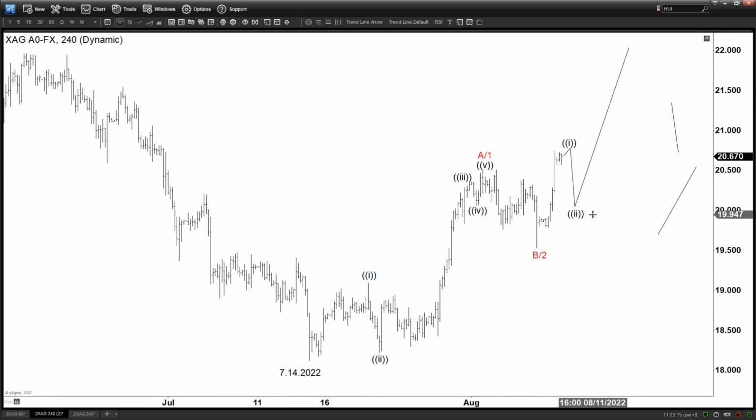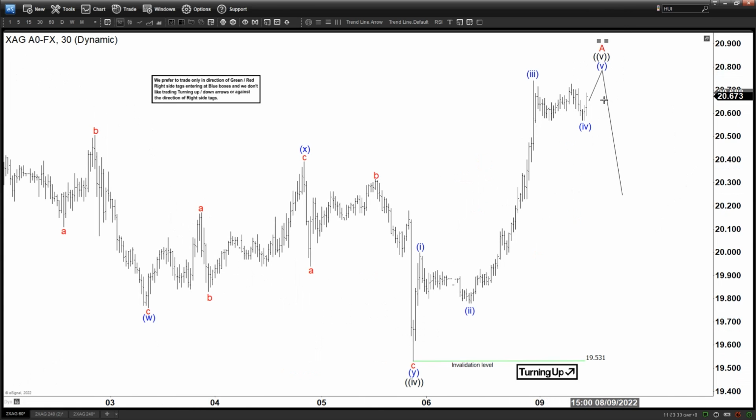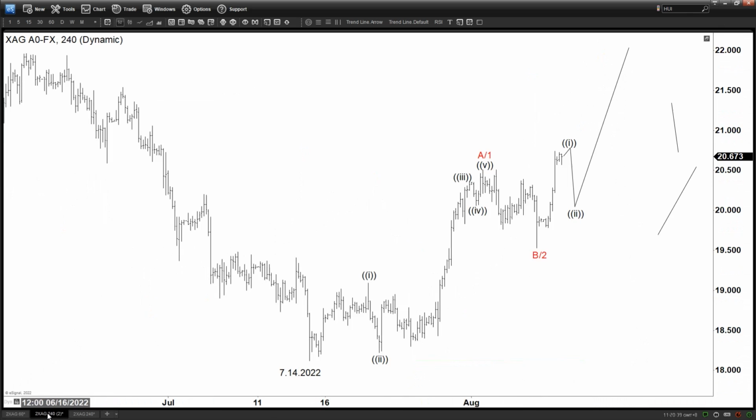So those are the options we have. Both of them actually imply upside, but they have a different degree of bullish structure, right? This is the most bullish, that this is actually already starting your C leg or a 3 or wave 3 to the upside. If that's the case, then the pullback here is not going to be a deep pullback. It's simply just a 3 pullback correcting these 5 waves and then continuing to go up again.